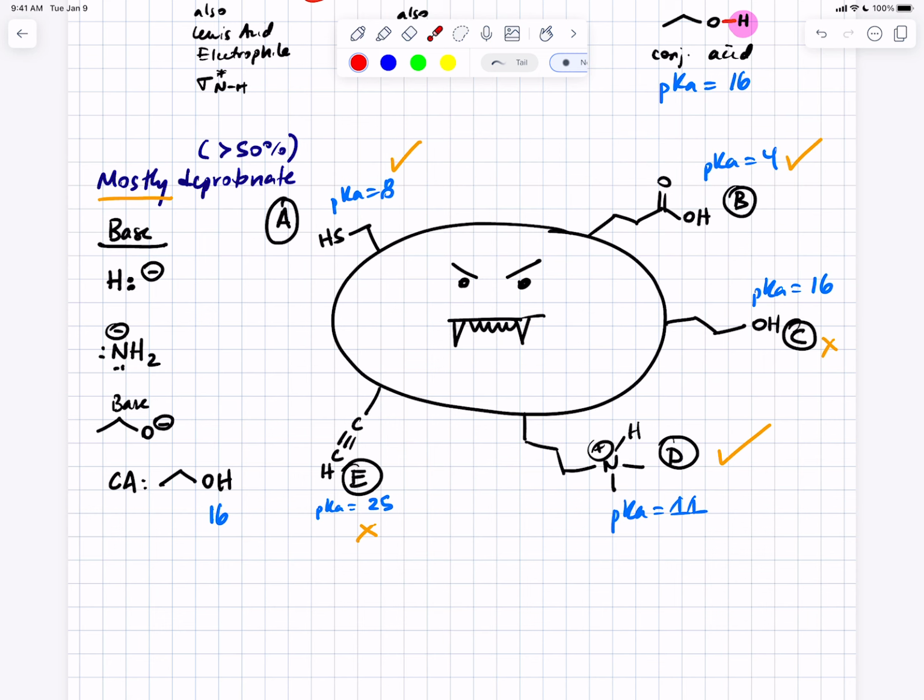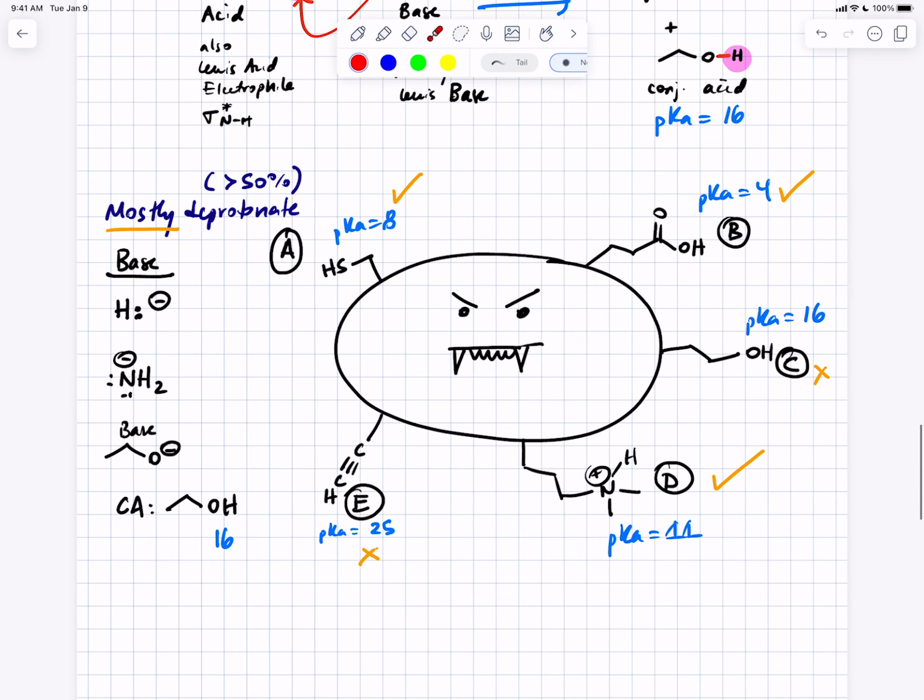Yep. Yes? What's the context of the other bases, or the other molecules you put next to the base? Oh, sure. So what would this be if we tried, I'm going to erase our orange check marks so that we can do this question again. Yeah, I intended to do that. What about those other bases?